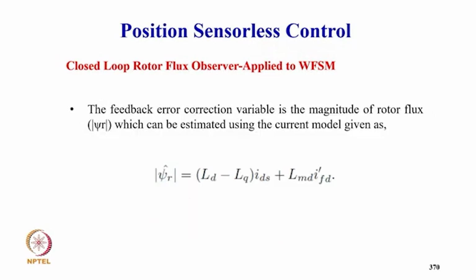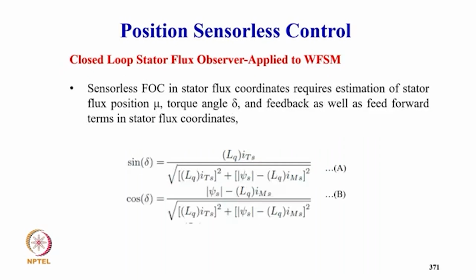And the feedback error correction variable, the magnitude of rotor flux, which can be estimated using the current model, is phi r absolute value equal to LD minus LQ into IDS plus LMD into IFD star.